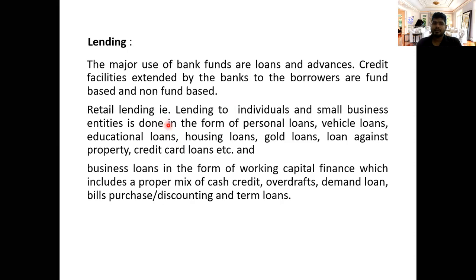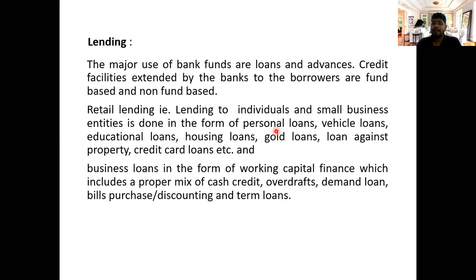Retail lending, that is lending to individuals and small business entities, is done in the form of personal loans, vehicle loans. Sometimes, if you plan to have a marriage function, a wedding, that time you need money, right? So you can go to the bank and get a certain amount of money.